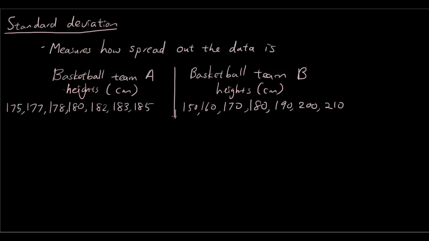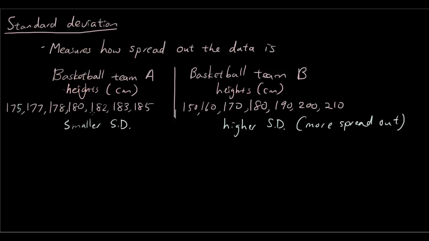So what that's saying is that basketball team A is going to have a smaller standard deviation than basketball team B. So basketball team B is going to have a higher standard deviation because it's more spread out. The data is more spread out, whereas basketball team A is not as spread out.